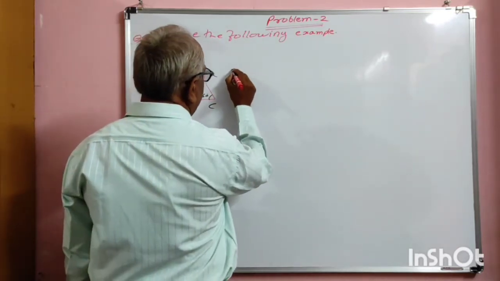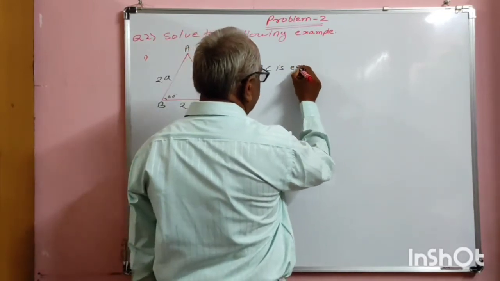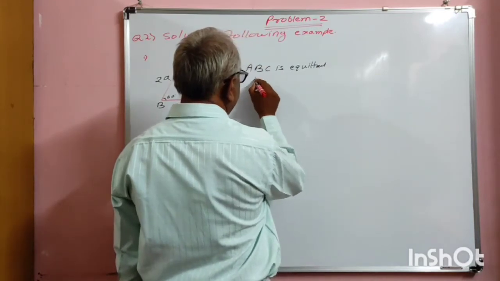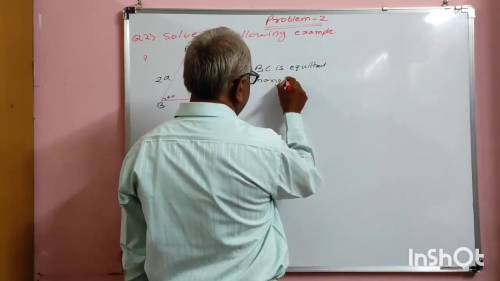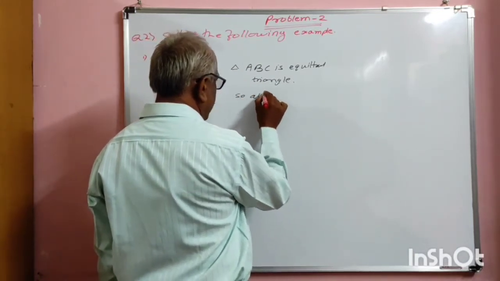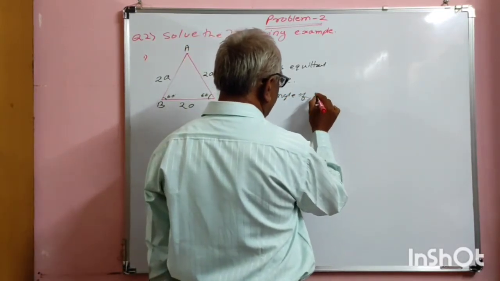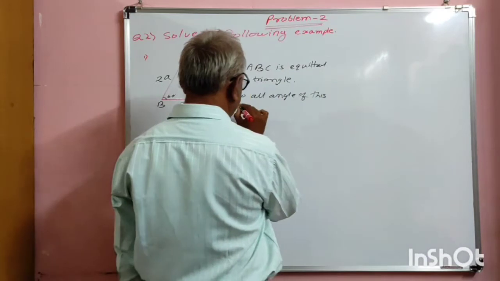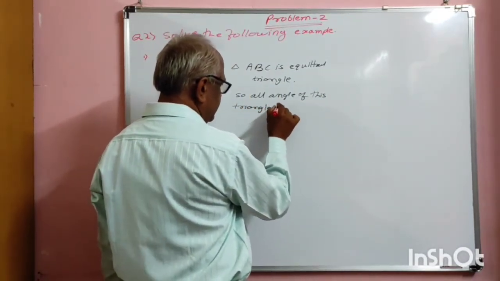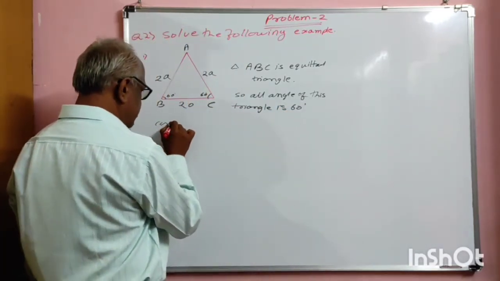It is given that triangle ABC is equilateral triangle, so all angles of this triangle are 60 degree. So construction we are going to do.